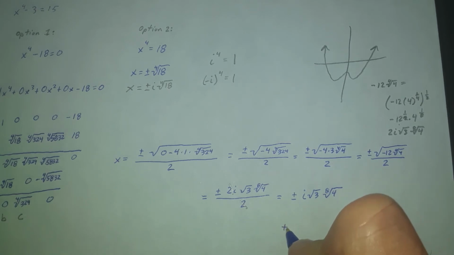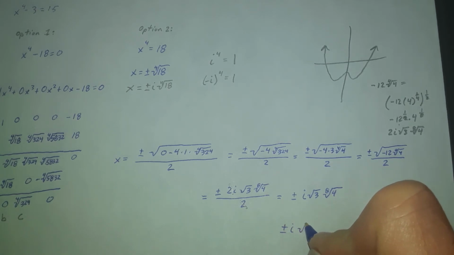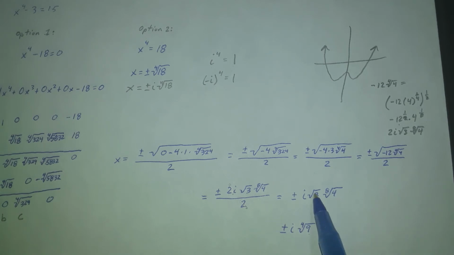And we can. So we have i, and this is going to be the 4th root of 9, and you can check that. If you take the square root of this twice, you should get the same as the square root of 3 one time. You can do that in a calculator if you don't follow that.